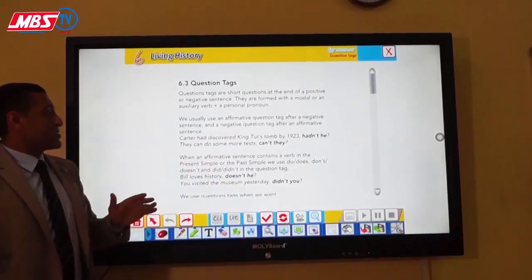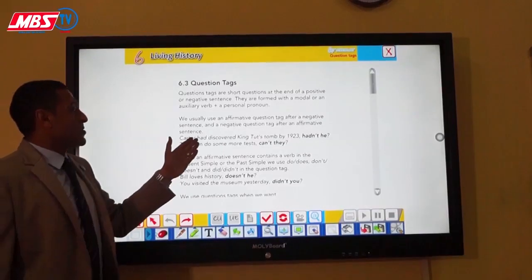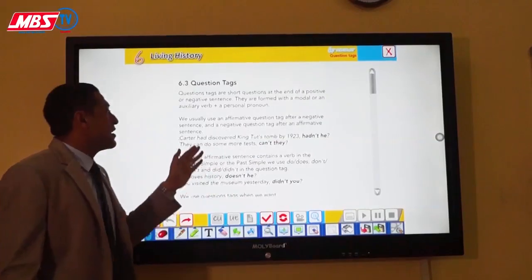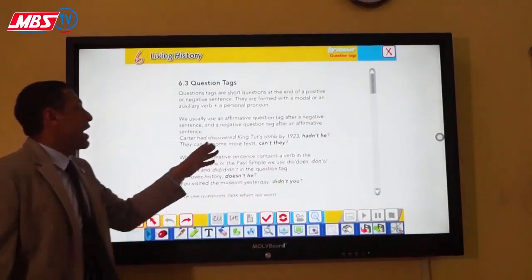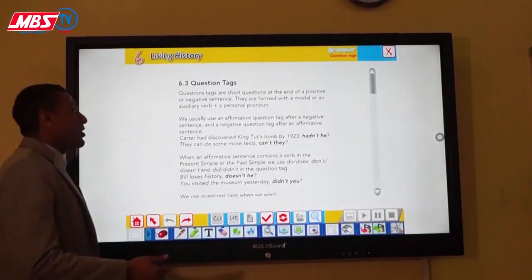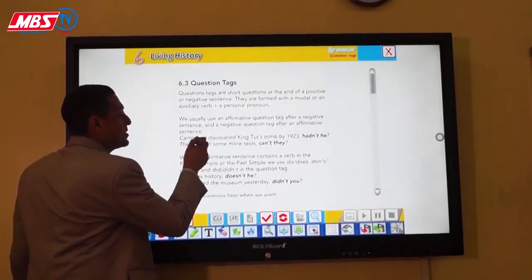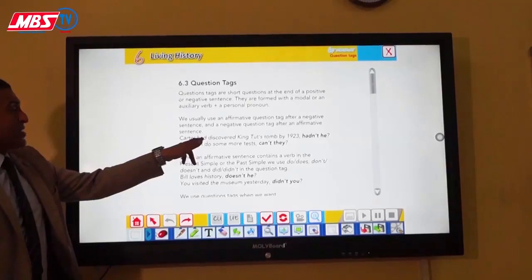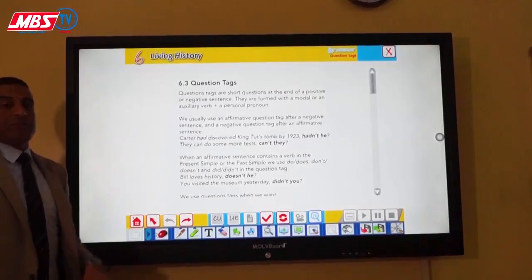Just like this example: Carter had discovered King Tut's tomb by 1923, hadn't he? How did I get this one? Here I have an auxiliary, and it's clear in the sentence, and this auxiliary is in affirmative form.